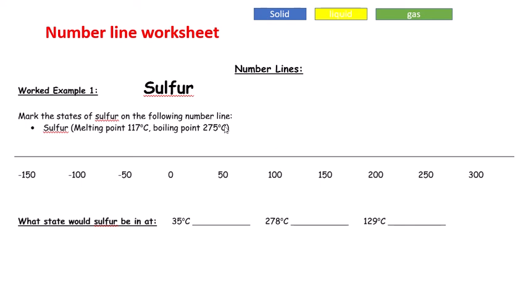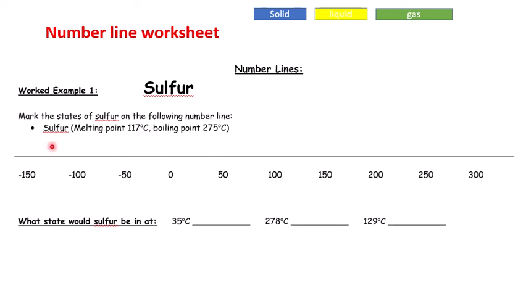Now, look at the information. It says mark the states of sulfur in the following number line. So the melting point is 117 and the boiling point is 275. The first thing we do is go down to our number line and mark where we're going to put our melting and boiling points. So let's do the melting point. It's 117.